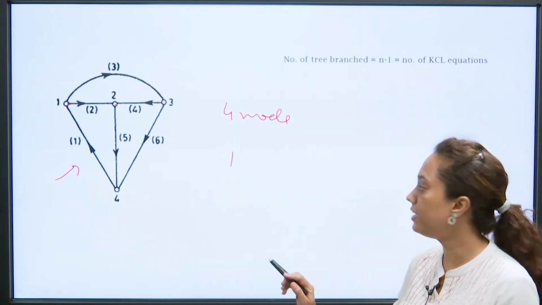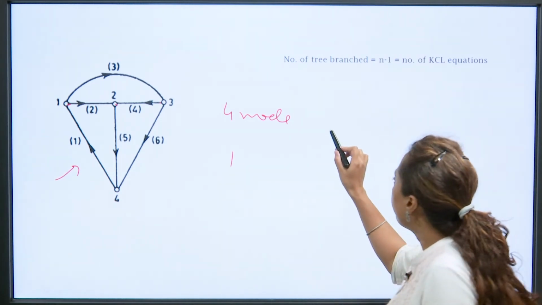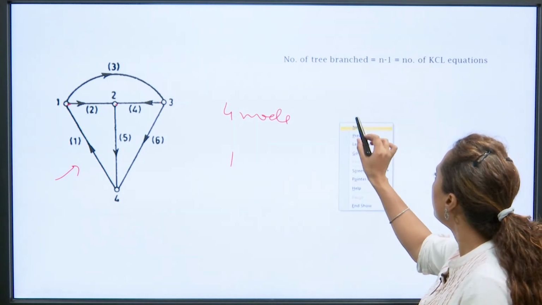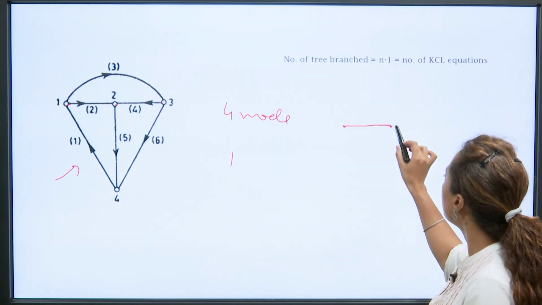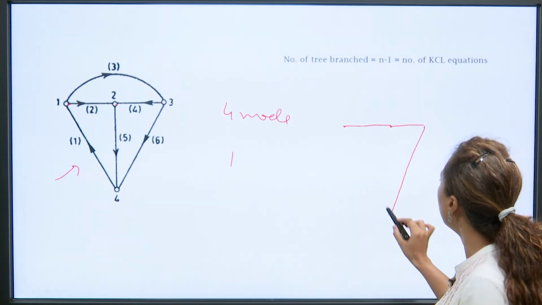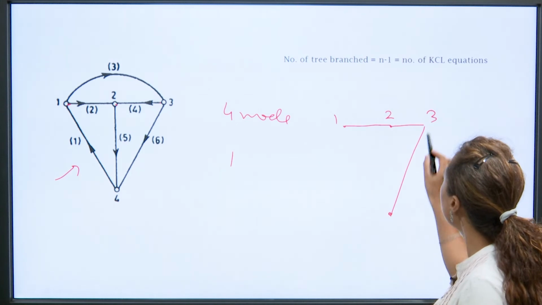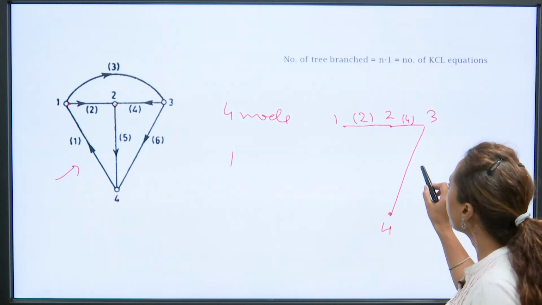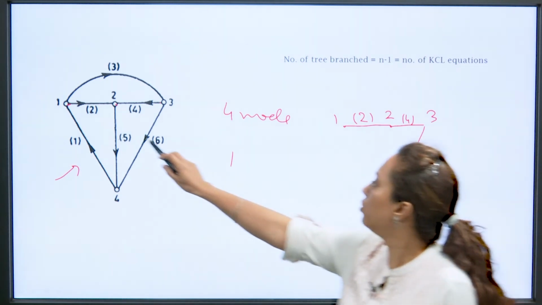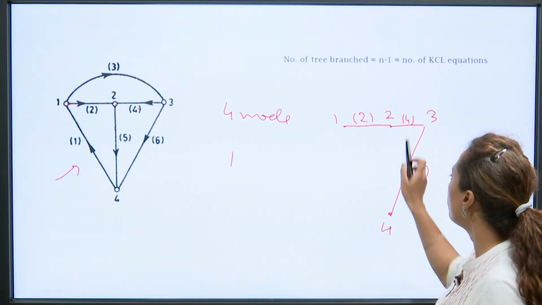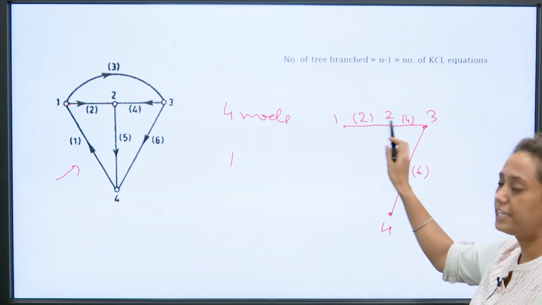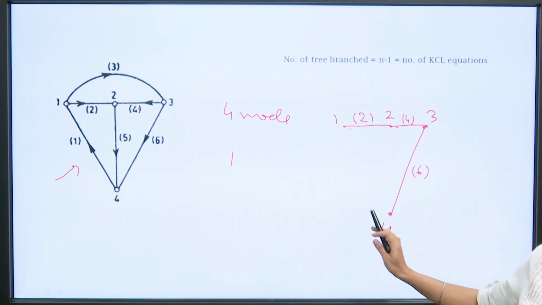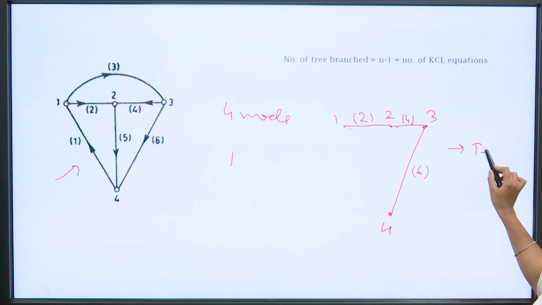If we take the nodes 1, 2, 3 and 4, and take the branches number 2, 4 and 6, these branches connect all 4 nodes 1, 2, 3, 4, and it is not closed. So, it is a tree.